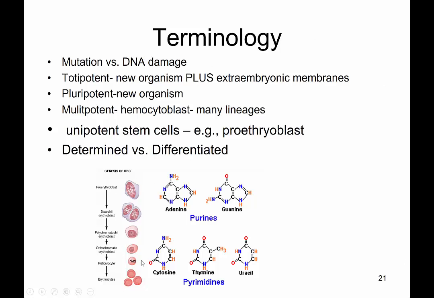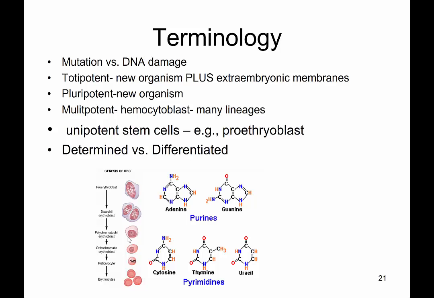Its daughter cells start to progress and differentiate and become very unique, but they're all going to be cells that are involved with blood. So a hemocytoblast will give rise to platelets, gives rise to all your white blood cells, gives rise to your red blood cells, but they're all factors that are found in your blood.